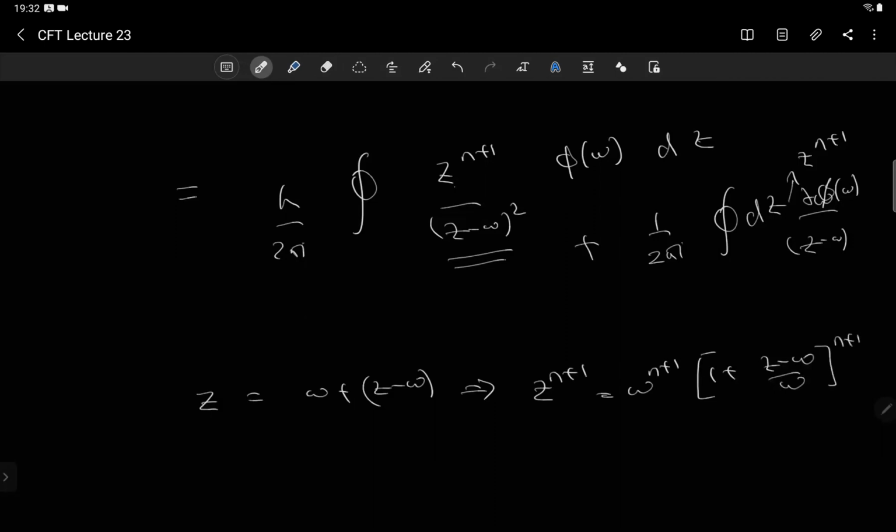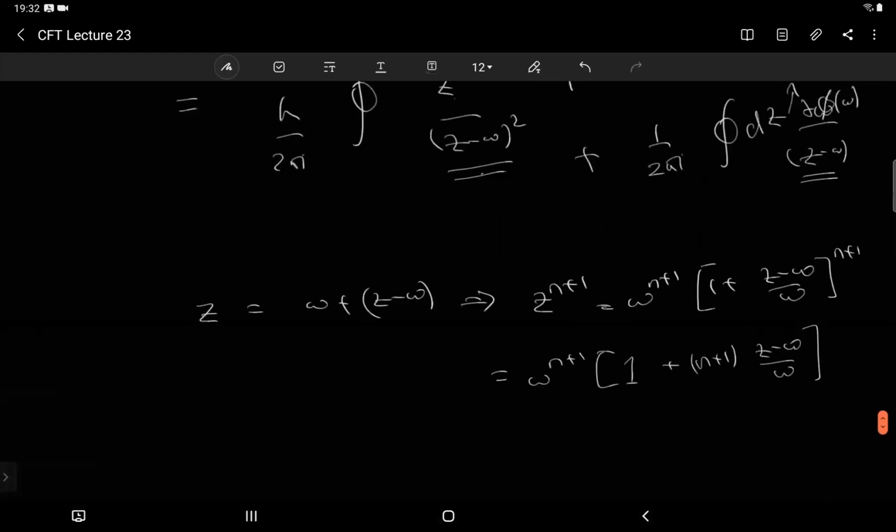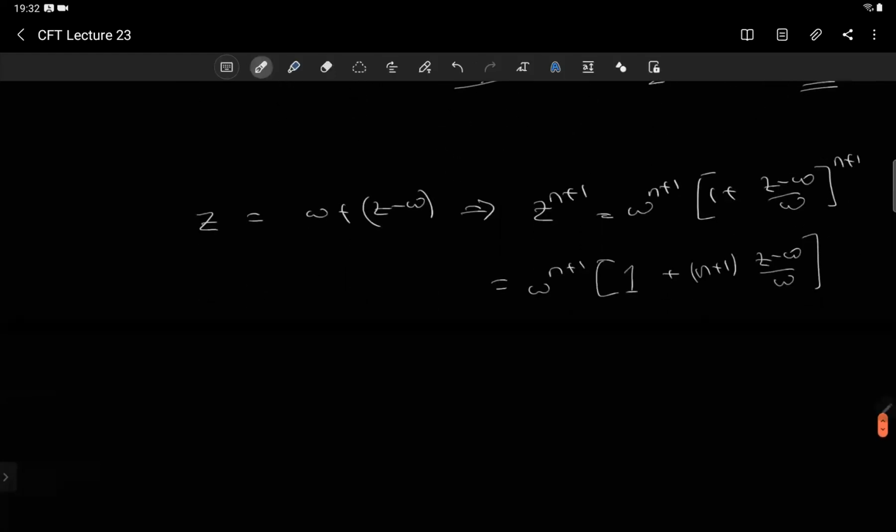For one term we need the first term, and for the other we need the second term. So the first term is just 1 and the second term is (n plus 1) times (z minus omega) over omega, right? Nothing else will be needed.